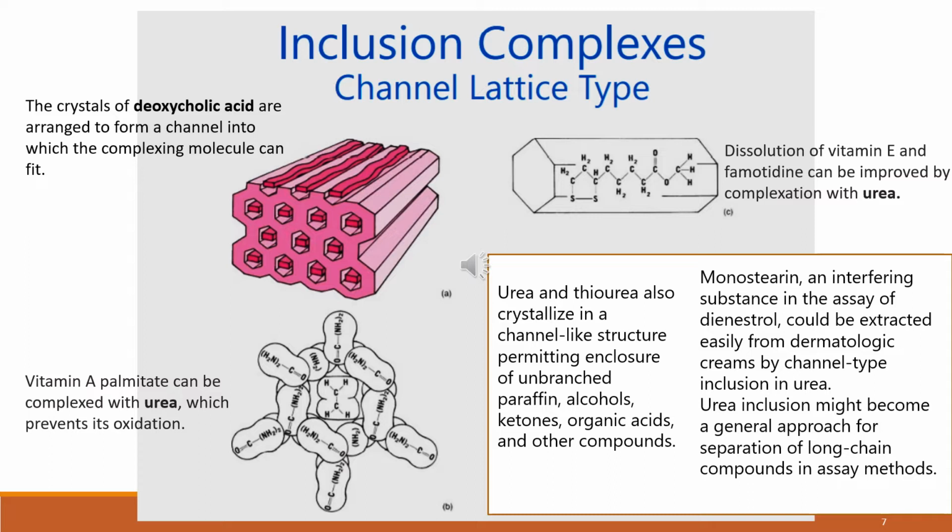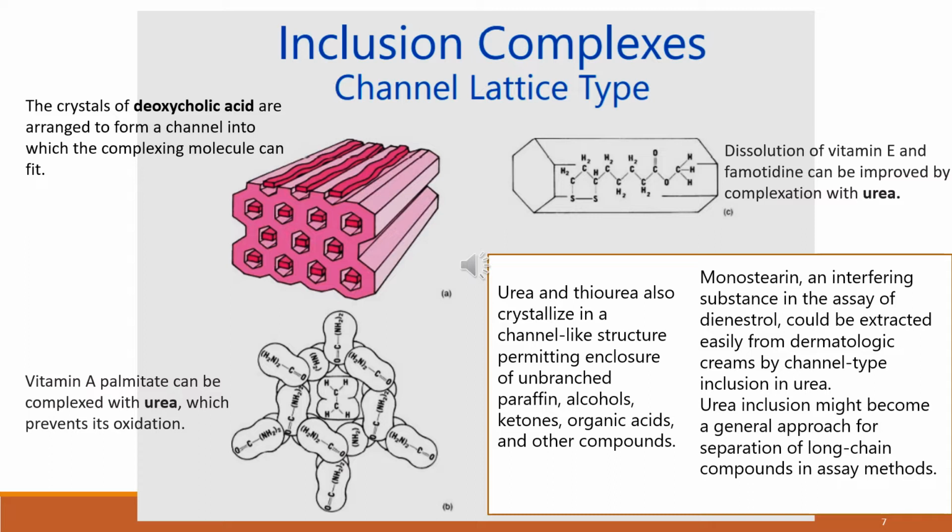Urea and thiourea also crystallize in a channel-like structure permitting enclosure of unbranched paraffins, alcohols, ketones, organic acids, and other compounds. Please understand that these guest molecules should be long, unbranched, straight chain compounds.